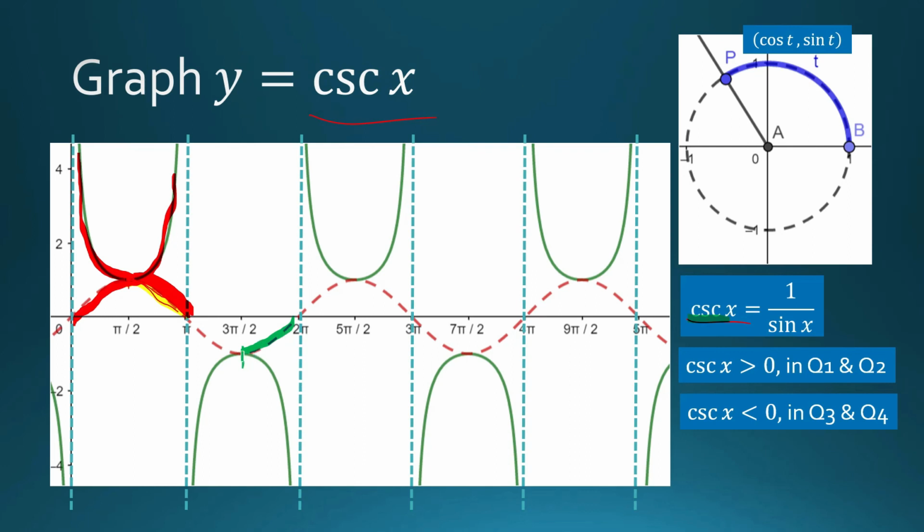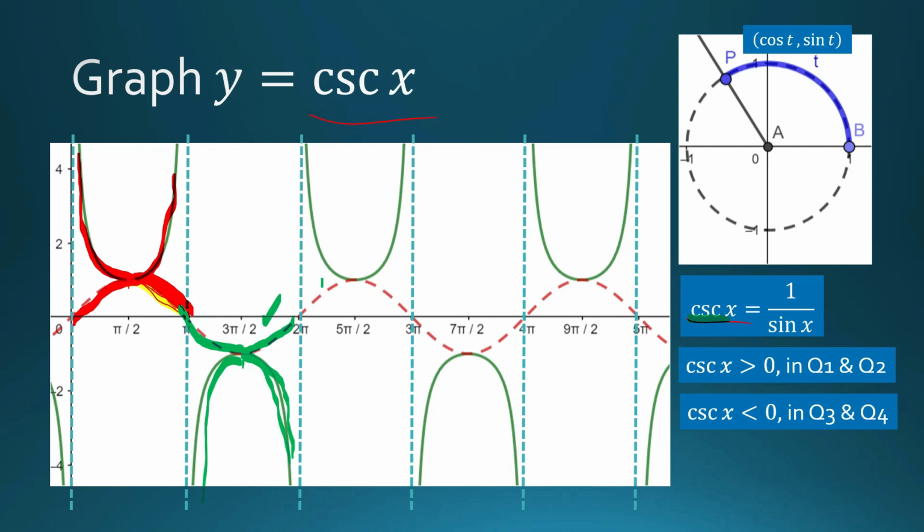So what that means is my cosecant function, the reciprocal of sine, is going to be decreasing. This is increasing, and so this one must be decreasing. The same goes with this part. Going from 3 pi over 2 back to pi, my sine function is increasing, and so my cosecant function is going to be decreasing.